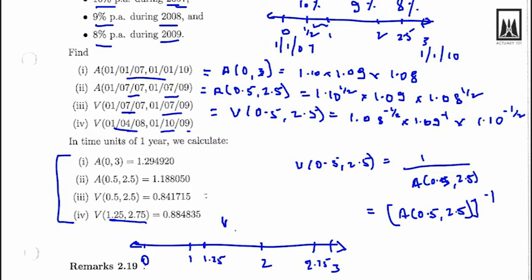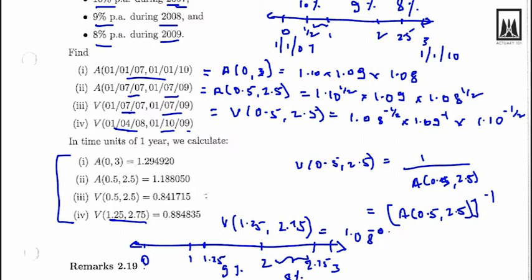So we can just calculate similarly to the way we have calculated the others. That is going to be V, so here we have 9% per annum and here we have 8% per annum. So V(1.25, 2.75) is going to be nothing but 1.08 to the power how much? It's going to be minus 0.75, because this duration is only 0.75.